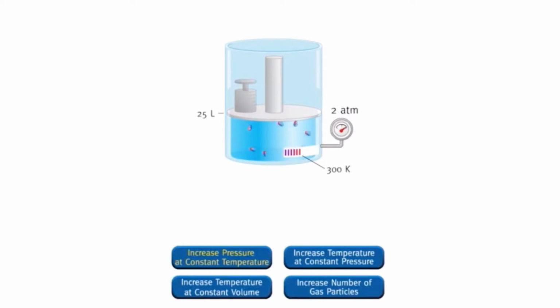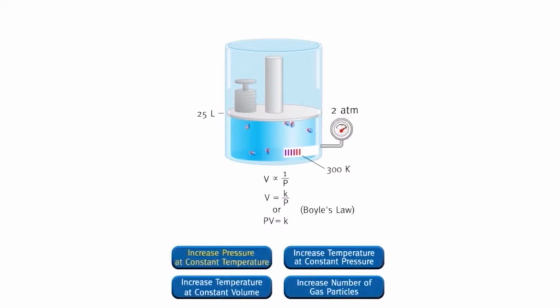The volume occupied by the gas will be half its original volume. You should see that the volume is inversely proportional to the pressure. V is proportional to 1 over P. Adding a proportionality constant K, we can write volume equals K divided by pressure, or pressure times volume equals K.